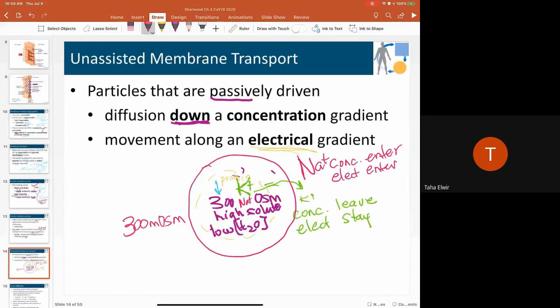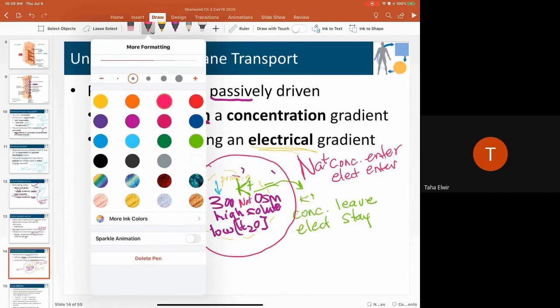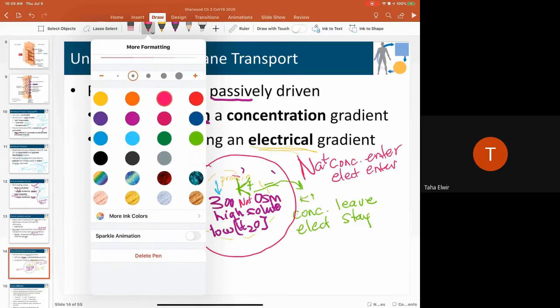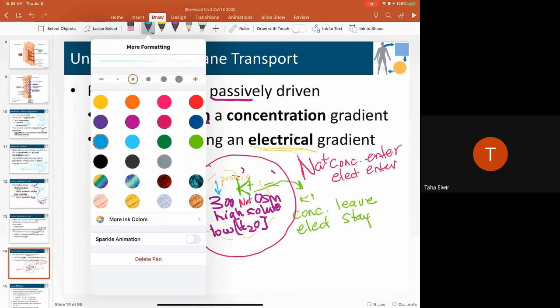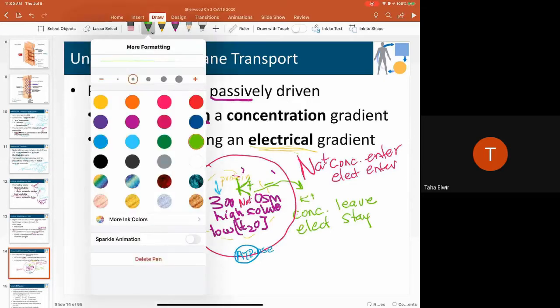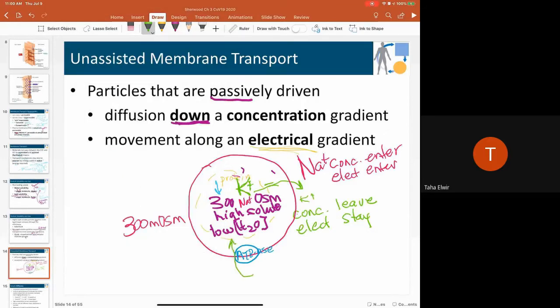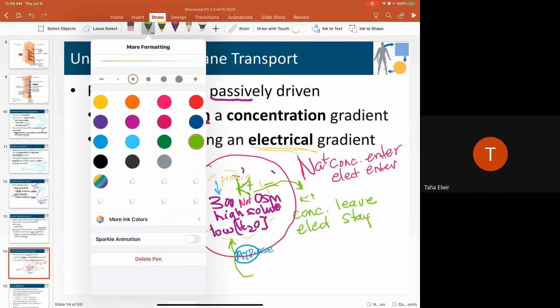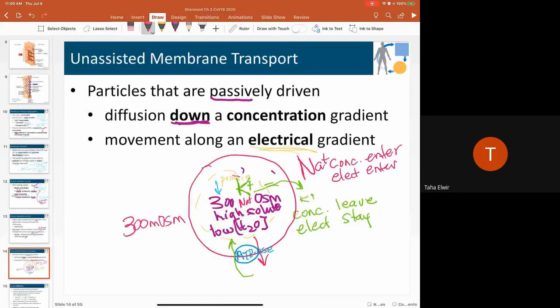So off to the side, we've got the ATPase. That's going to be taking potassium and pumping it back in, and it's going to take sodium and pump it out.